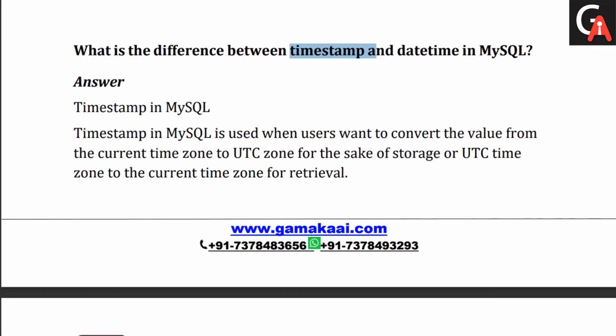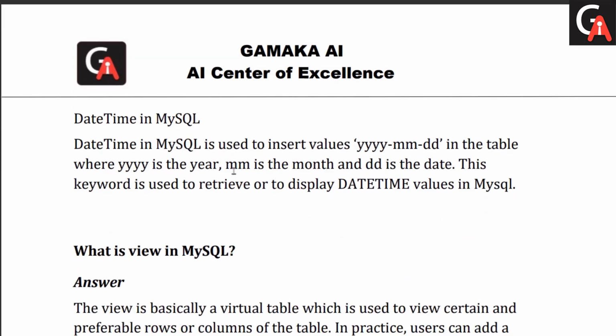Timestamp in MySQL is used when the user wants to convert the value from the current time zone to the universal time zone for storage, or from UTC to the current time zone for retrieval. So timestamp and datetime are two types used for storing dates. Datetime in MySQL is used to insert values in the format year, month and date, where yyyy is year, mm is month and dd is date.